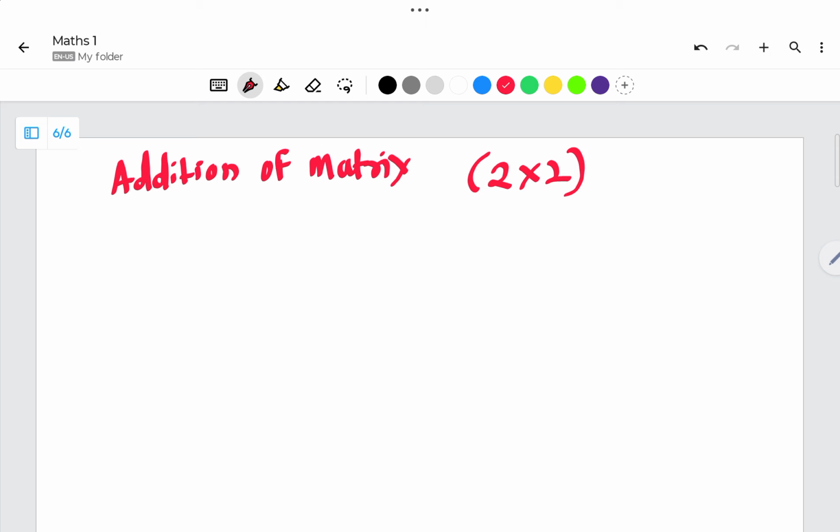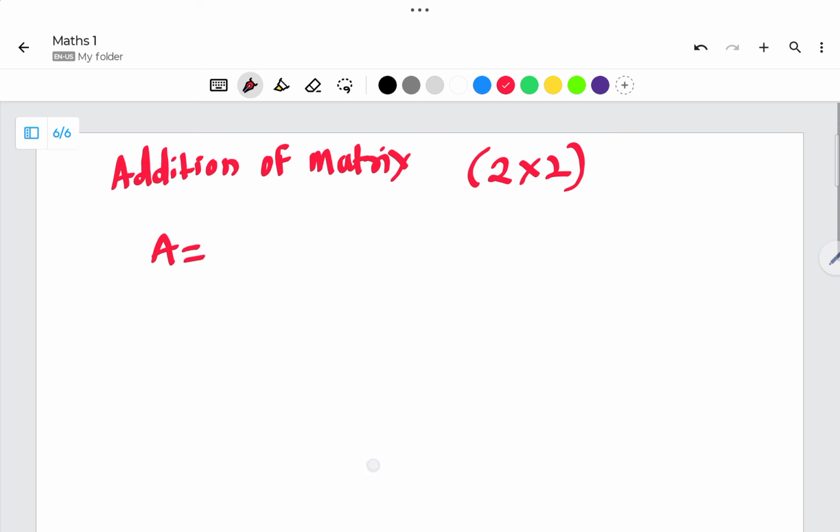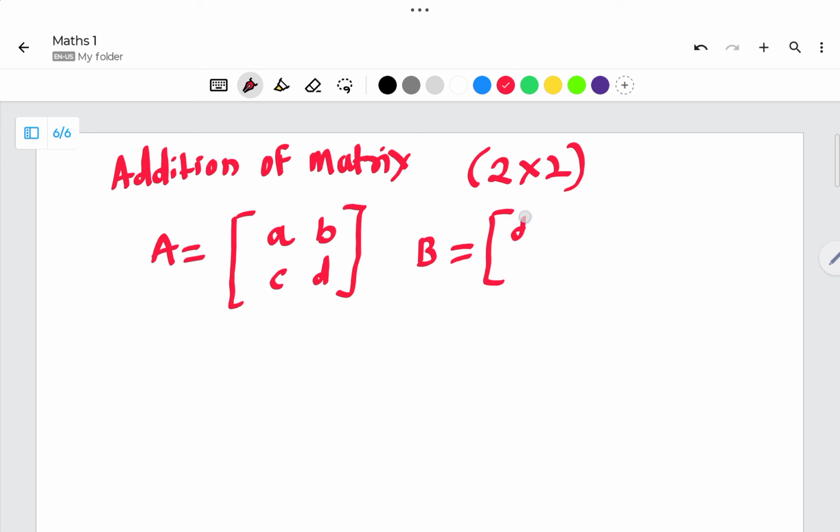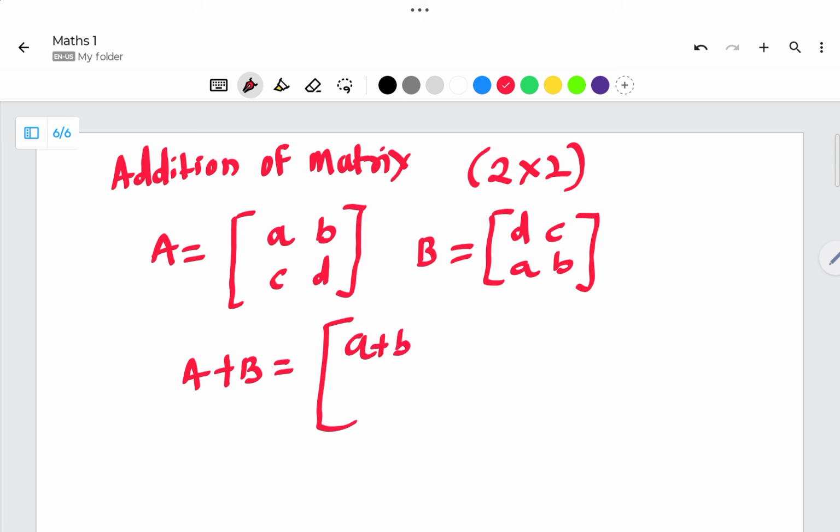If I am having the same matrix, A is equal to A, B, C, D, and B matrix is D, C, A, B. So I can add these two matrices like this: A plus B is equal to A plus D, B plus C, C plus A, D plus B. Okay, and bracket close.